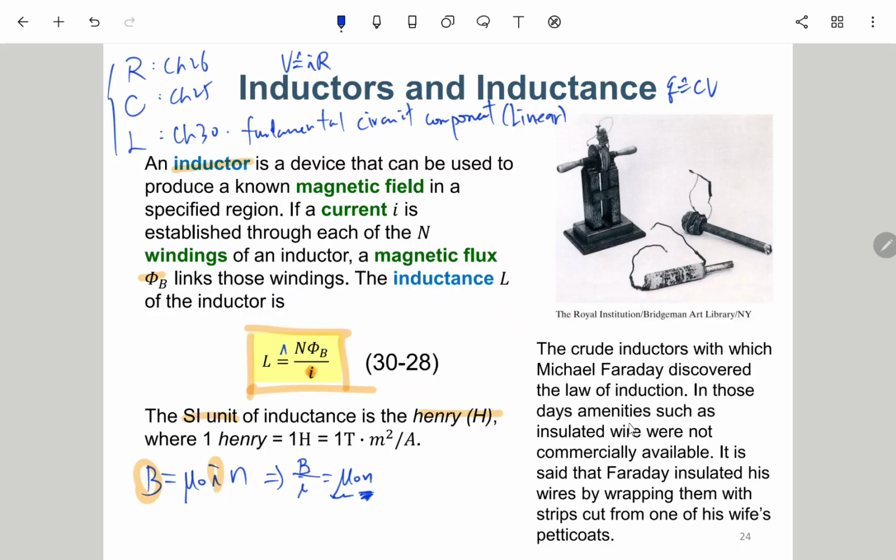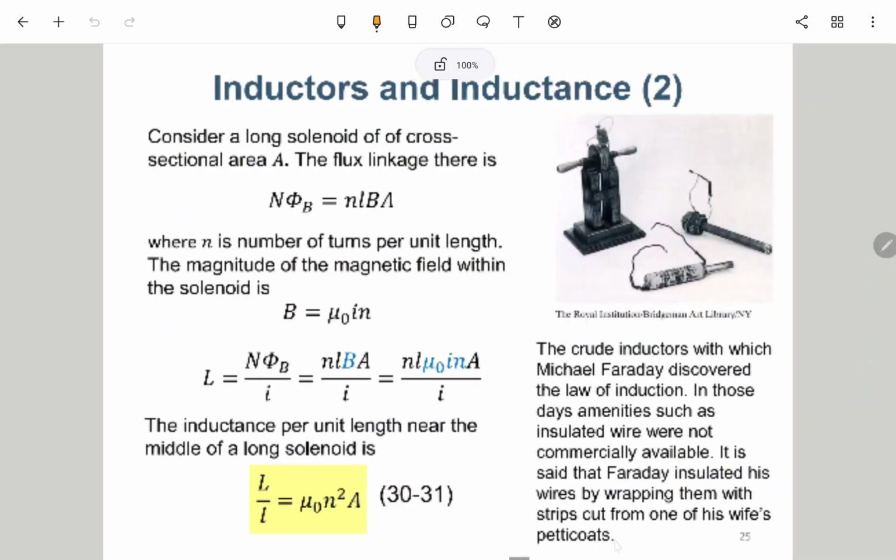In those days, entities such as insulated wire were not commercially available. It is said that Faraday insulated his wire by wrapping it with a strip cut from one of his wife's petticoats. That is, at that time industry could not make insulated wires, and since when winding a coil the wires must not touch each other, he cut up his wife's garments to wrap them. Today that is unimaginable.